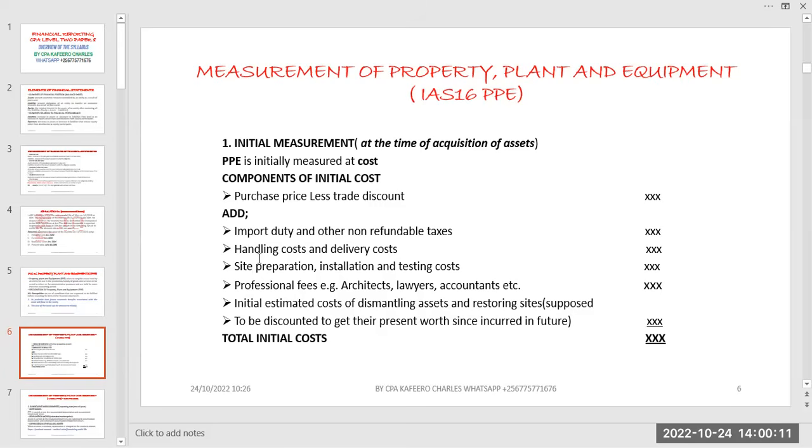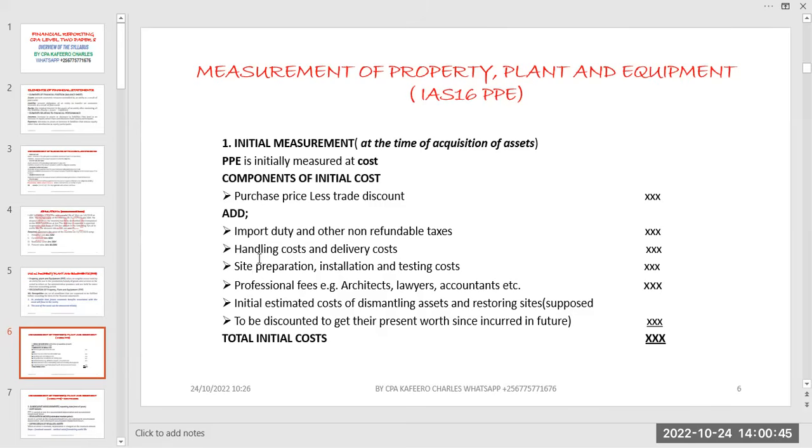If that cost is directly related to the acquisition of that asset or bringing that asset into its useful state, then it's supposed to be included, because if you're acquiring an asset and it is not going to function, then it doesn't make sense for you not to incur other costs so that the asset can start operating.